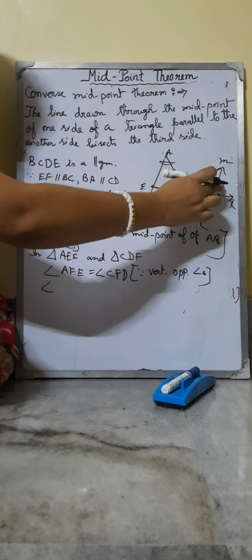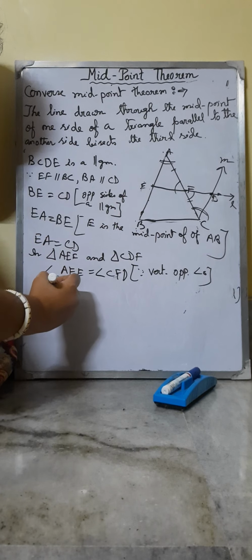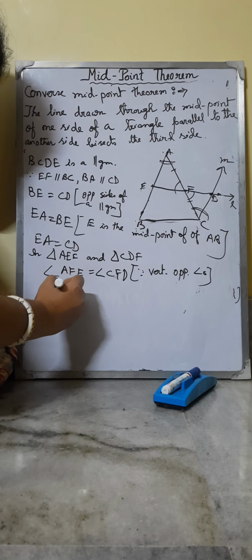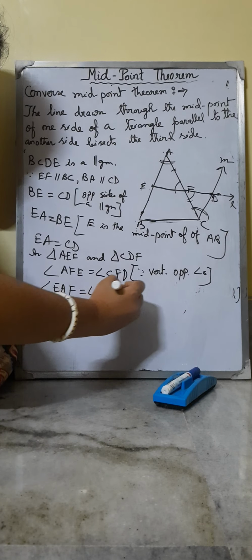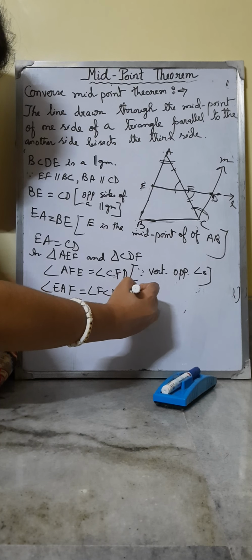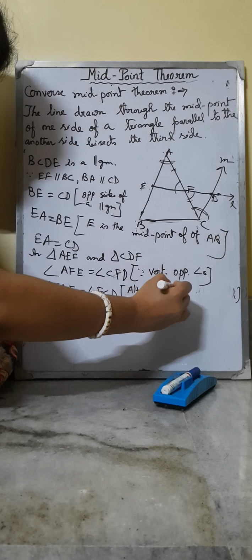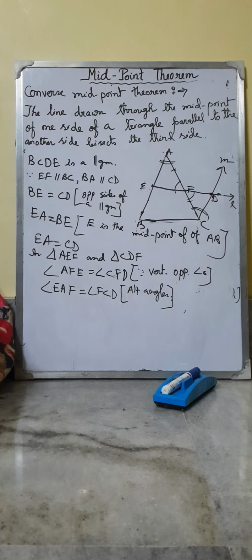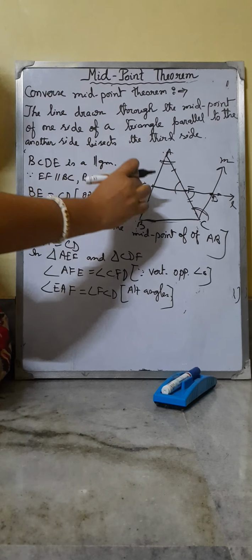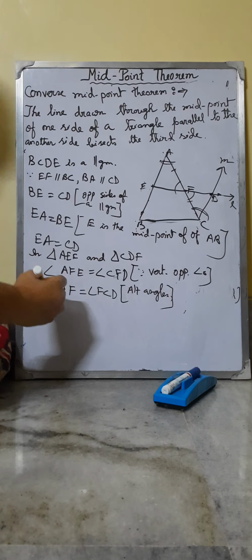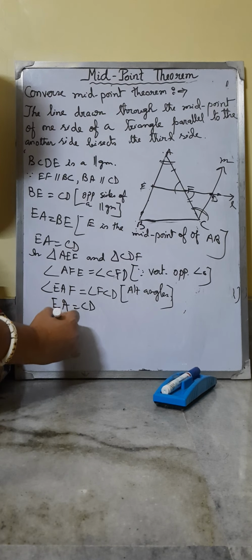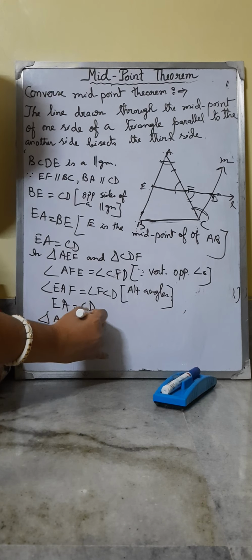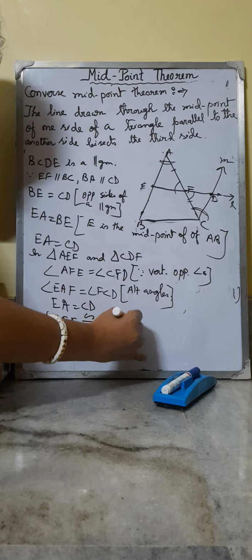BA is parallel to CD and AC is the transversal. So angle EAF equals angle ACD, alternate angles. And EA equals CD. So we can say that triangle AEF is congruent to triangle CDF.